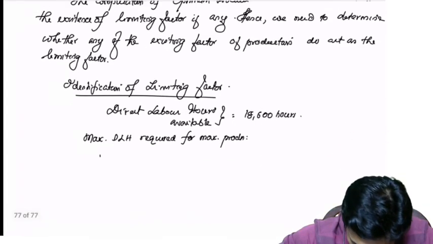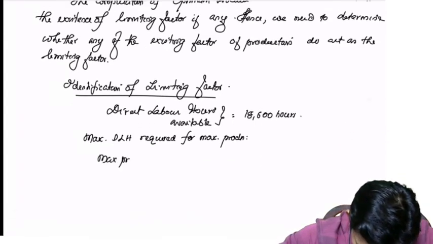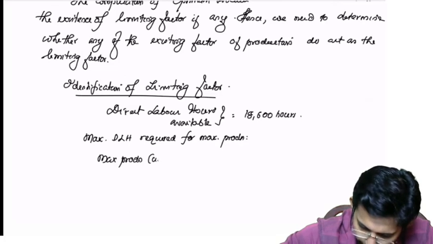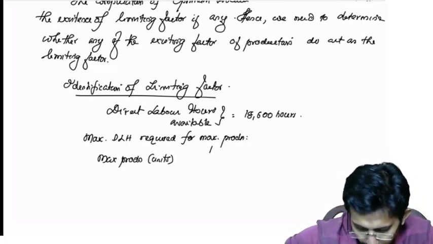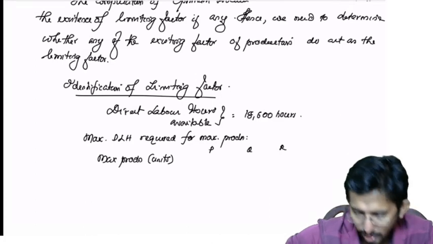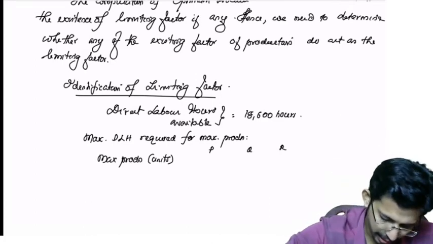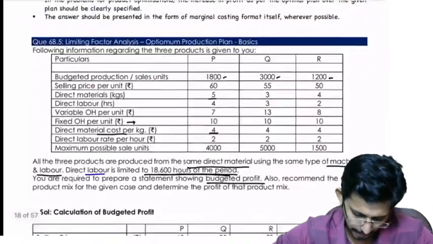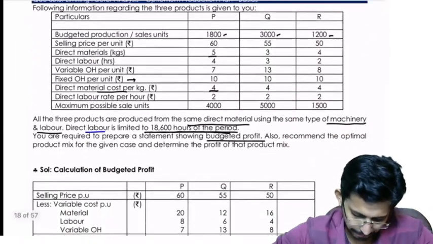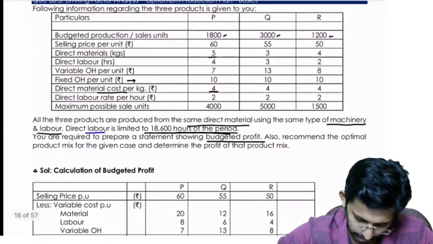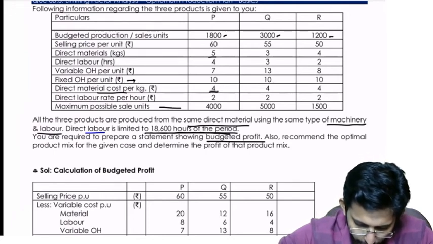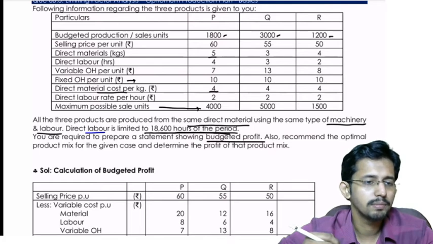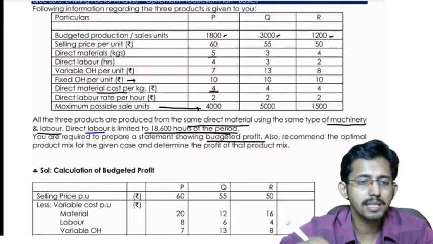Okay, so maximum production in units. You have P, Q, R. P, what is the maximum production? If you go through the questions, you know what is the demand given? No. Here they say that maximum possible sale units is available.